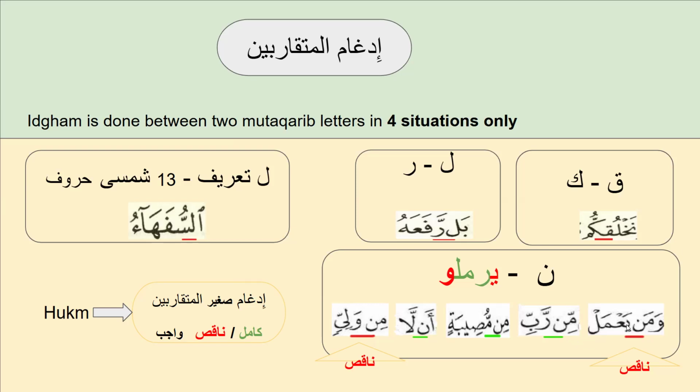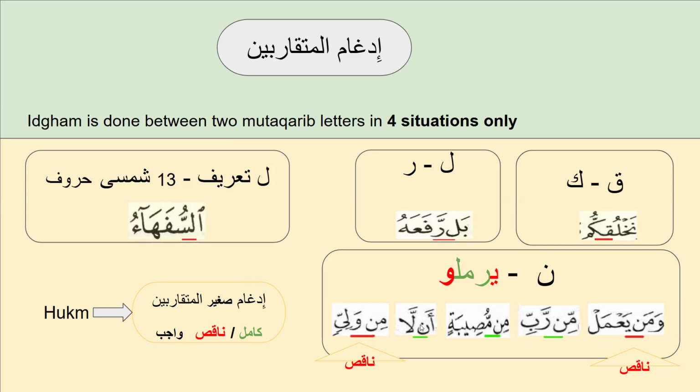You will also notice that the second letter is not carrying any shadda. So this is another indication noon is not fully merged into the ya. Mir Rabbi, noon is fully dropped into the ra. It's a kamil idgham because the second letter is carrying a shadda as well. Mim musibatin, noon is fully dropped into the mim, so a complete merging.